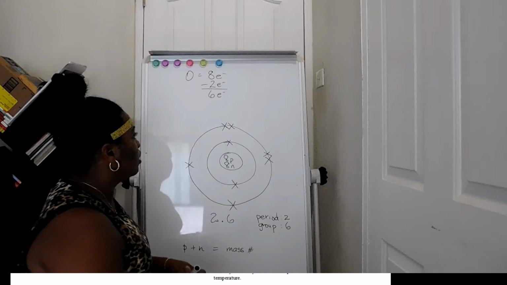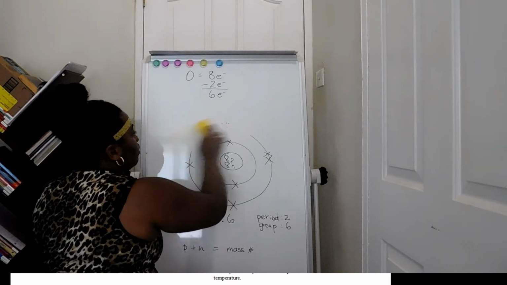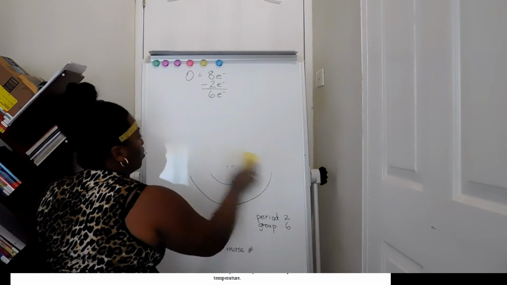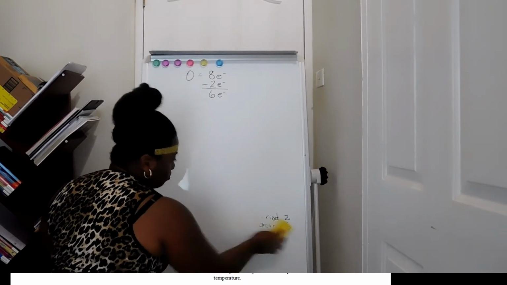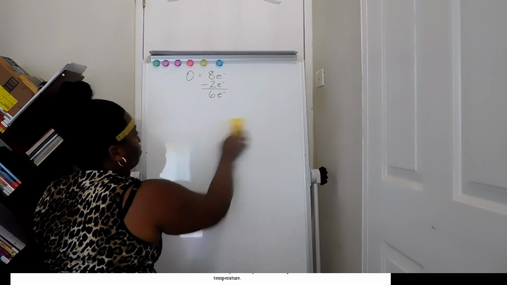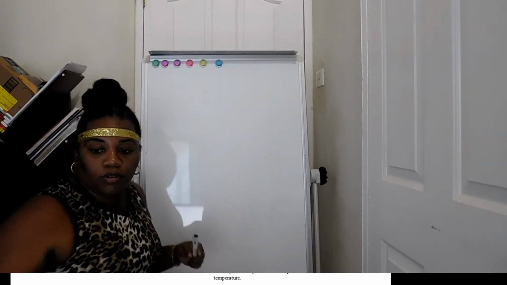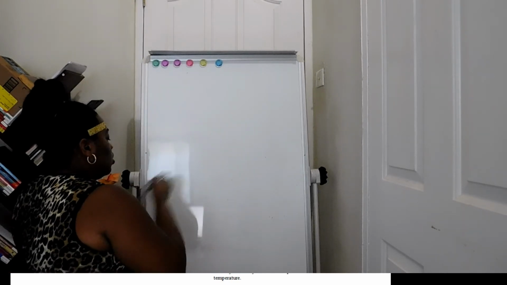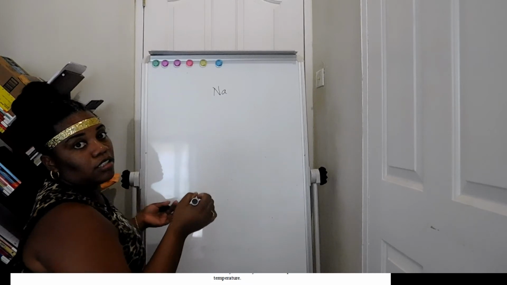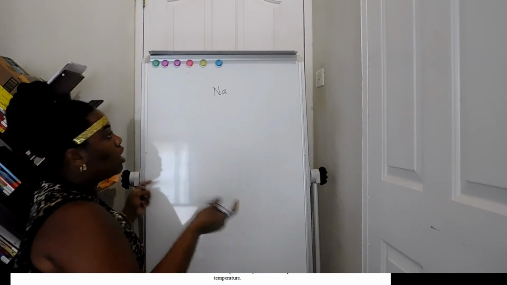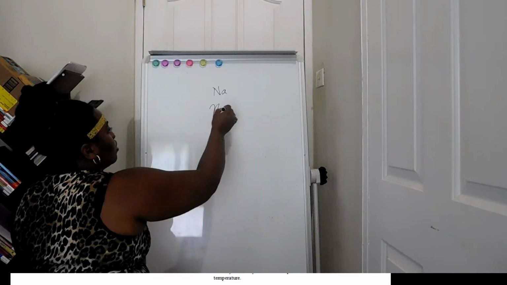You cannot say, oh, I'm going to write sodium however I see fit. No. Those are symbols that were made up before you were born and before I was born. So since you know sodium is Na, you can, but you should not write in cursive and do all sorts of things.